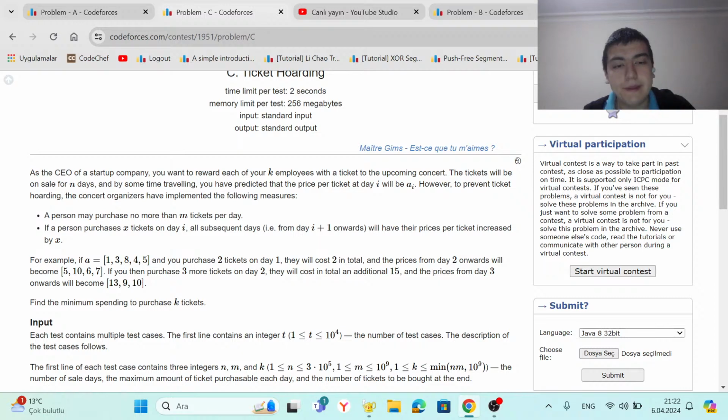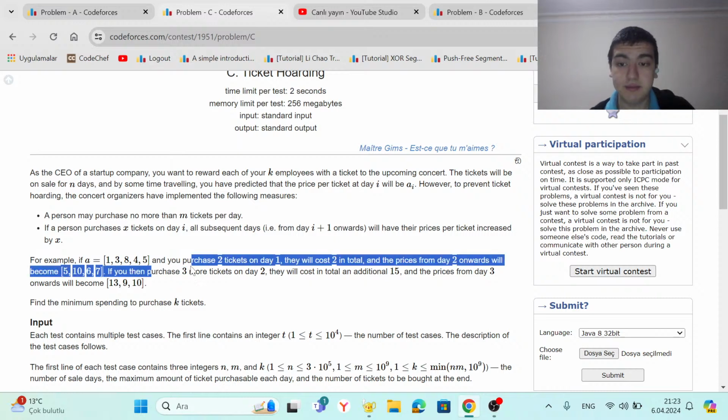And from day 2 to day 5, the costs will be 5, 10, 6, and 7 because we have purchased 2 tickets. So 3 plus 2 will be 5, 8 plus 2 will be 10, 4 plus 2 will be 6, and 5 plus 2 will be 7.